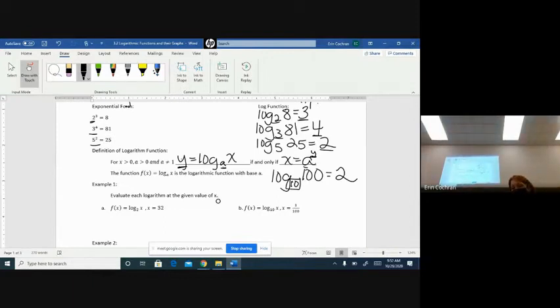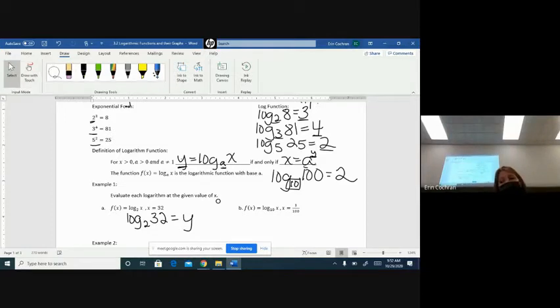Okay. All right, so evaluate each log at the given value of x. Okay, so f of x equals log base 2 of x. All right, so 32 is going to go in, so log base 2 of 32 is equal to what?